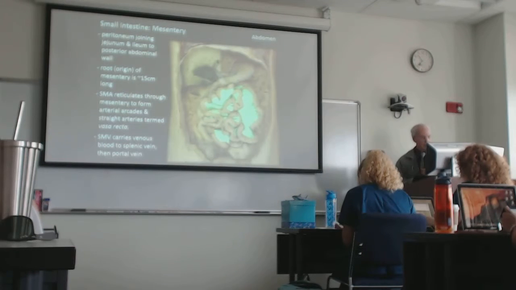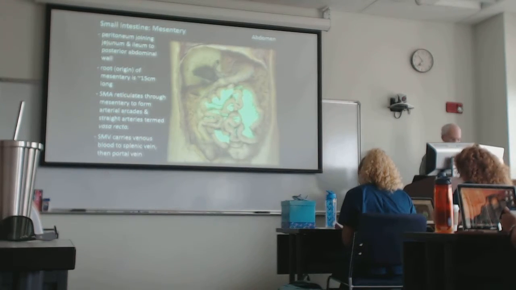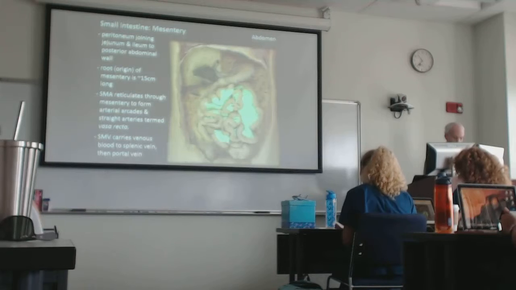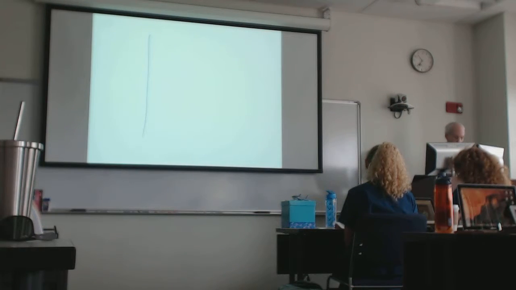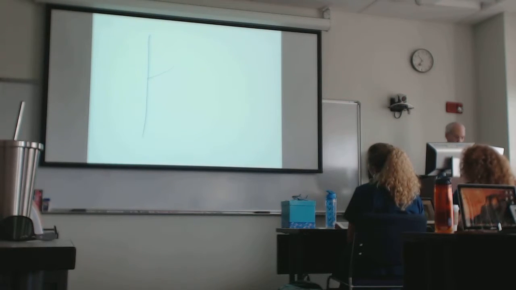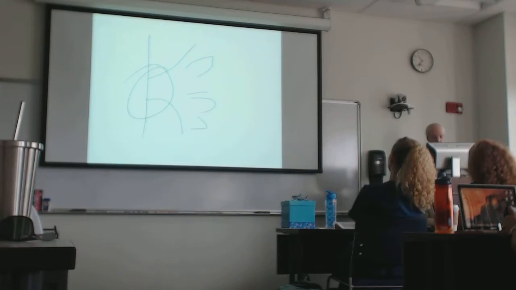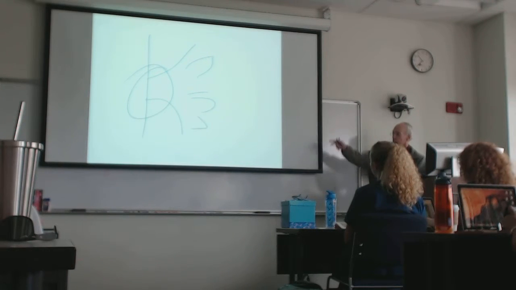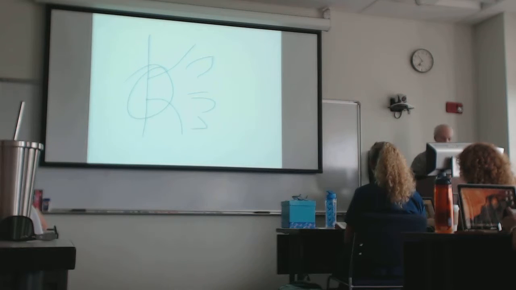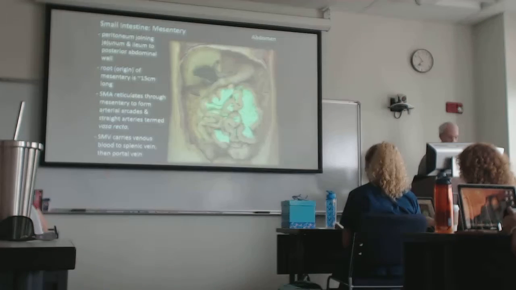And we didn't talk too much about this when we were going through the peritoneum, but in reality, the mesentery that we're looking at here sort of begins in the posterior abdominal wall and then fans out and then folds back and forth. But my point is, and my very sophisticated illustration here, is that the mesentery originates along a very small stretch of the posterior wall of the abdomen.